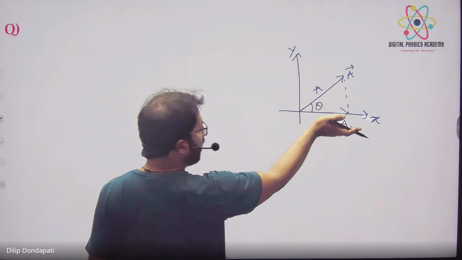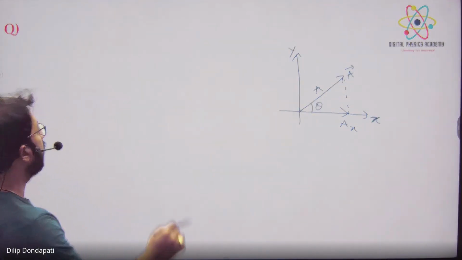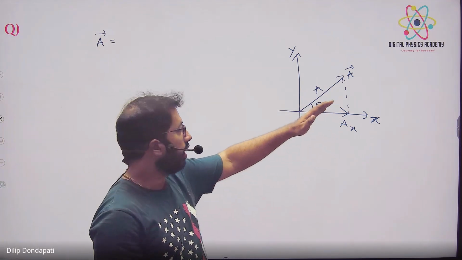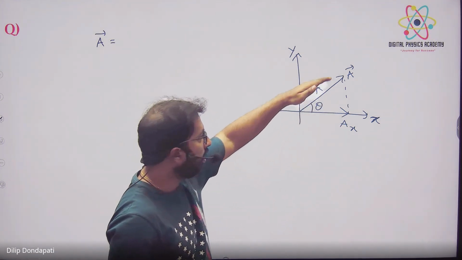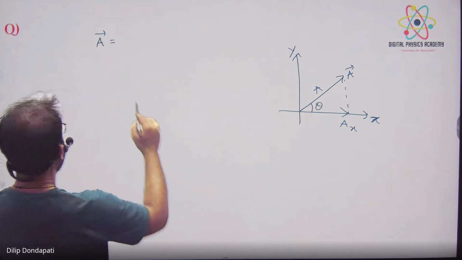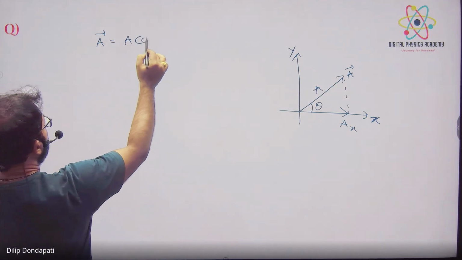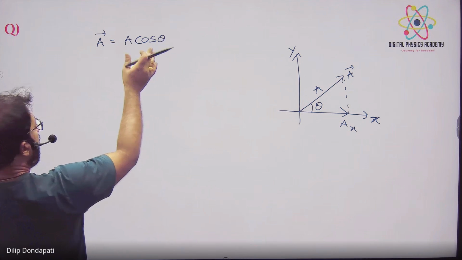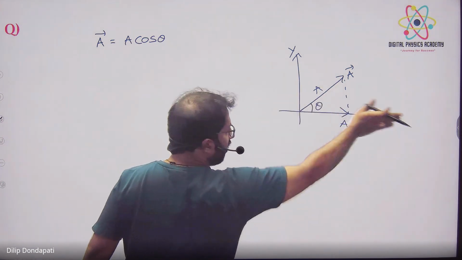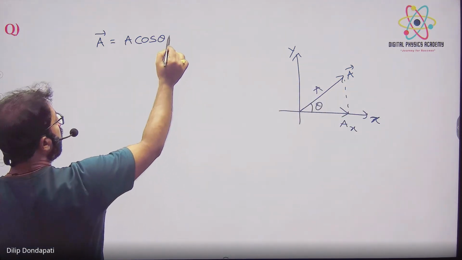What is the vector in the x direction? A I cap? Vector I'm asking, right? No. A vector का theta angle में along x direction में resolution of vectors: A cos theta. Since vector has both magnitude and direction, direction is given by X direction, right? So A cos theta I cap.